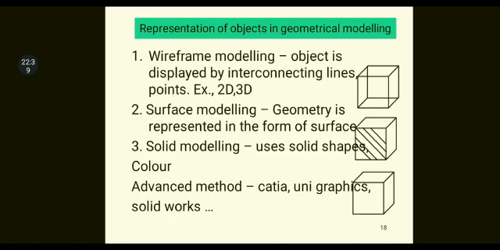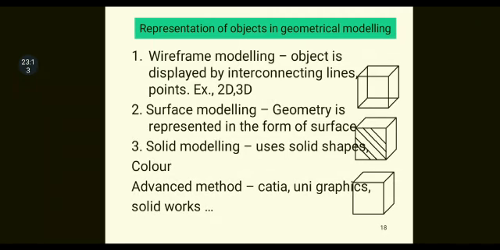Even today, people are using CATIA. The only variation is version 5; now version 6 has come lately. They are using CATIA to develop these models, so we call this a modeling package. Unigraphics is also equivalent to CATIA. NX, we say NX. That is the latest thing we are using. That is also an advanced package for geometric modeling.